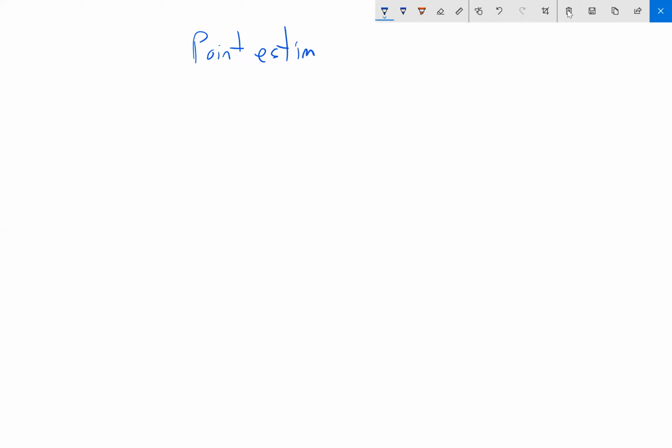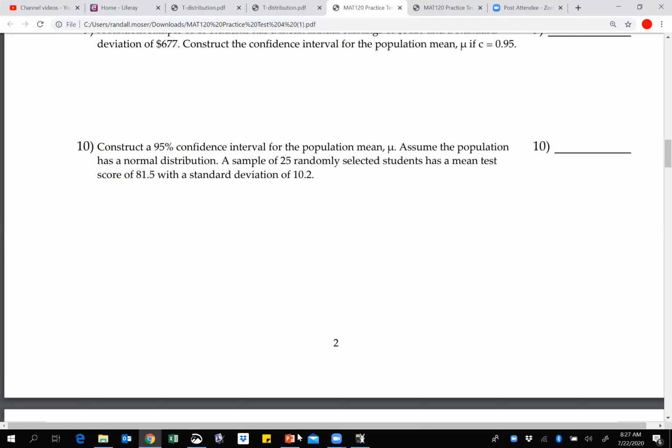For us, the point estimates were either sample means or sample proportions from the last section. You take your point estimate, subtract the margin of error, and add the margin of error, and that's how we get our confidence interval. Again, the formulas for E are on the formula sheet.